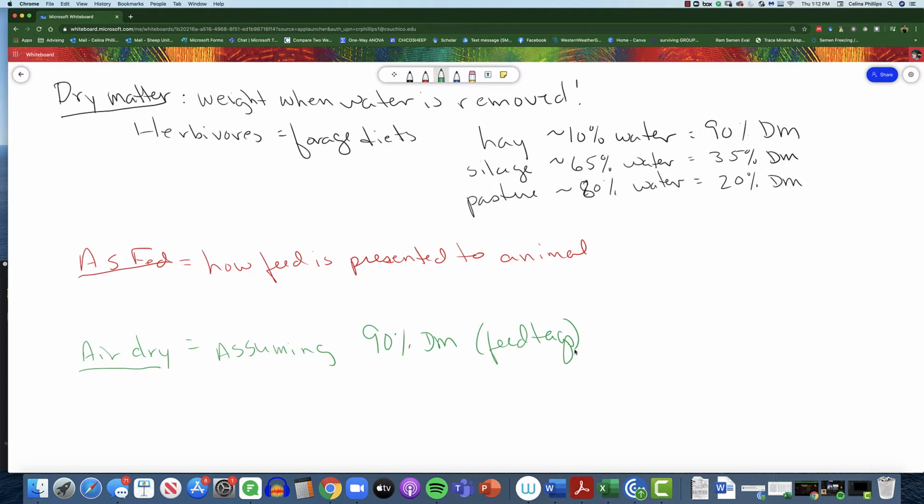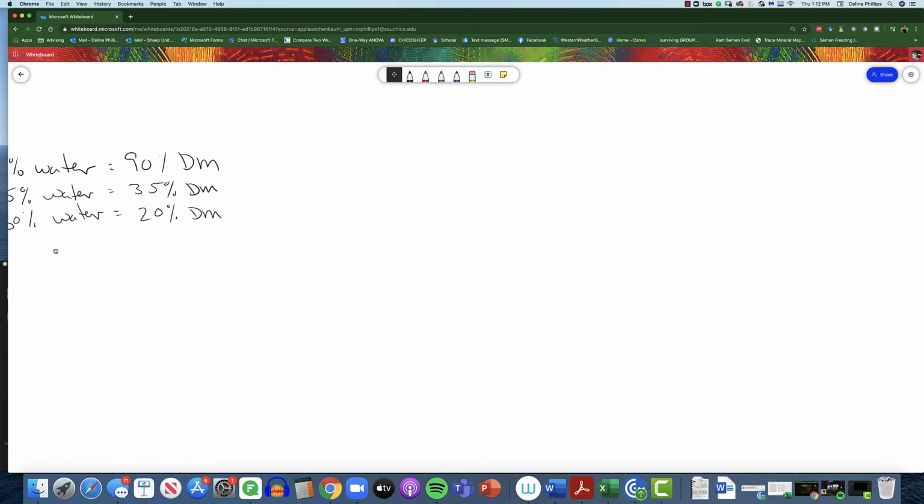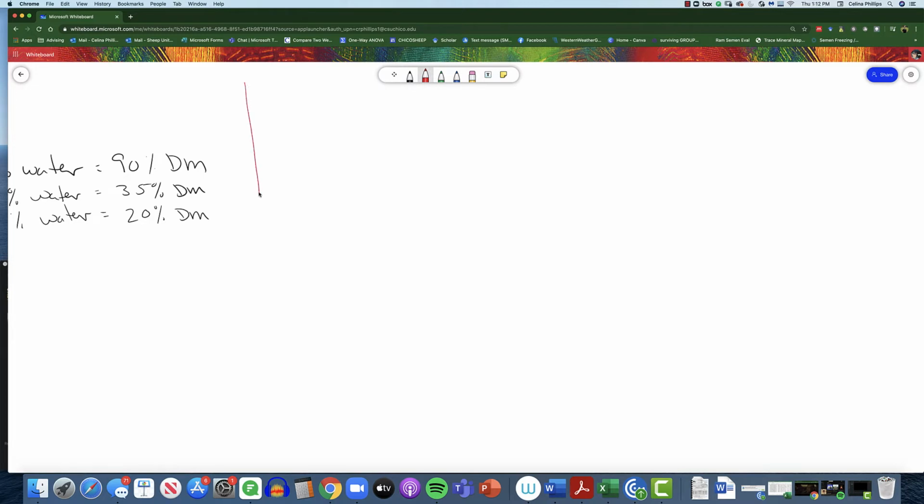Let's break down this concept of dry matter a little bit more. So, for example, let's pretend that I have a bale of hay.